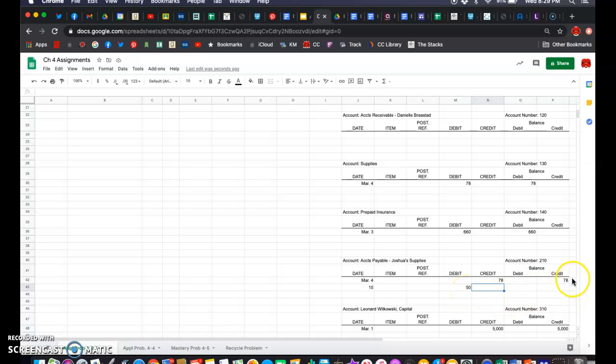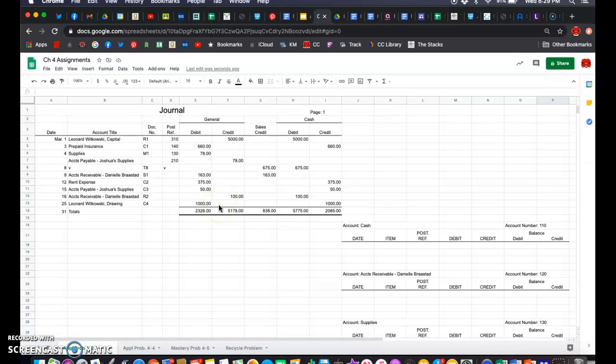We still have a credit balance. 78's the bigger number, so we actually still owe money, and I'm still going to maintain a credit balance. To be honest, accounts payable, because they have a credit balance, is either going to have a credit balance or a zero balance. And then I'm going to take that 210, and go back up here to this accounts payable, and do that.